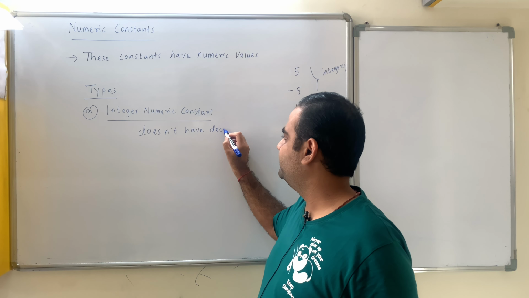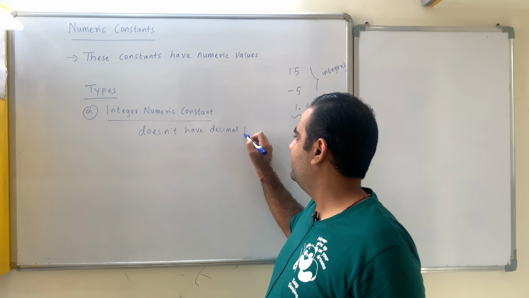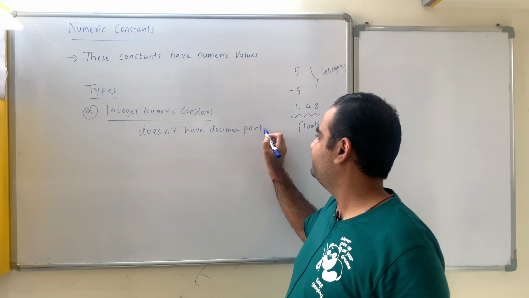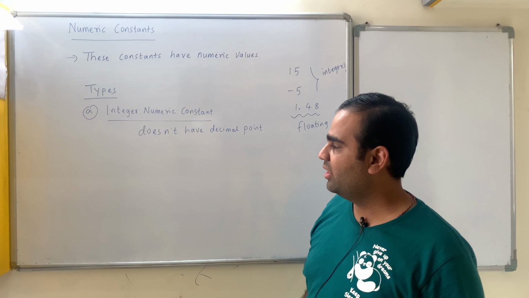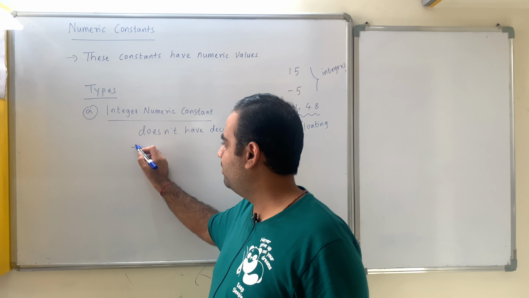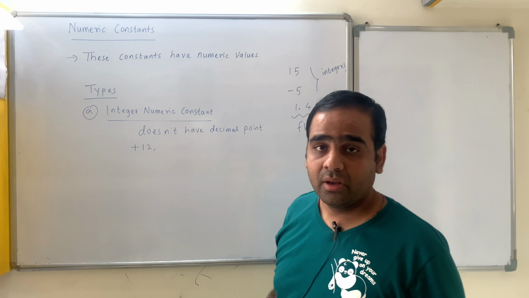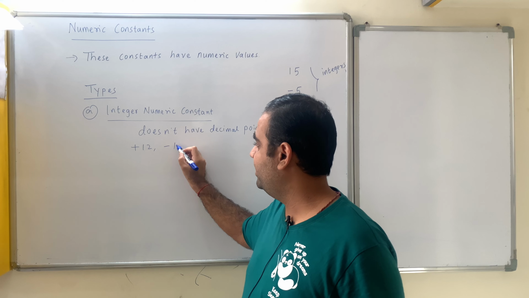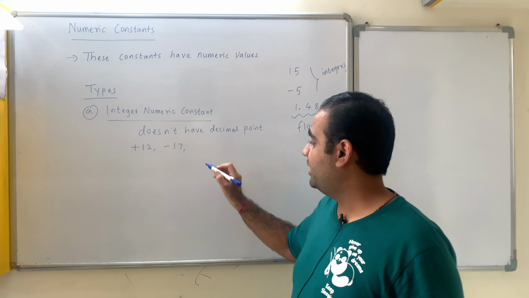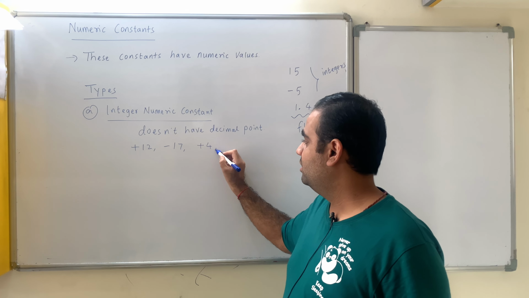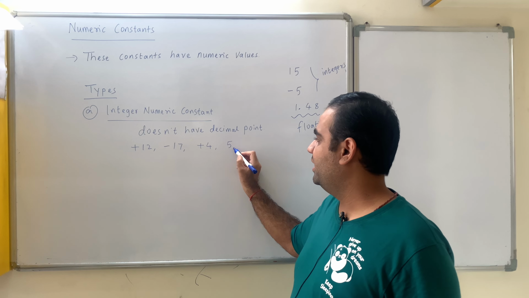For example, we can write plus 12, minus 17, plus 4, 5 without writing any plus or something.